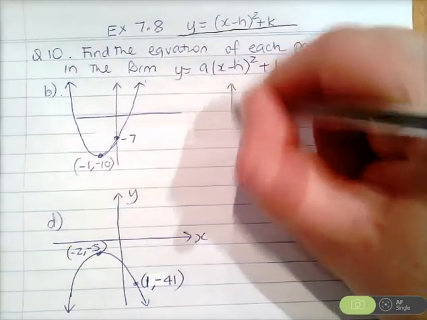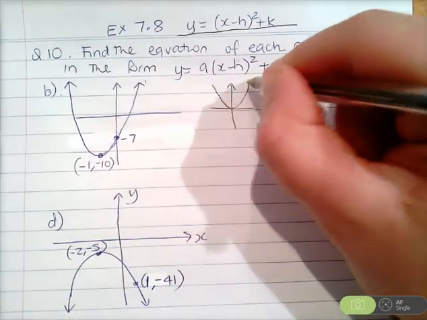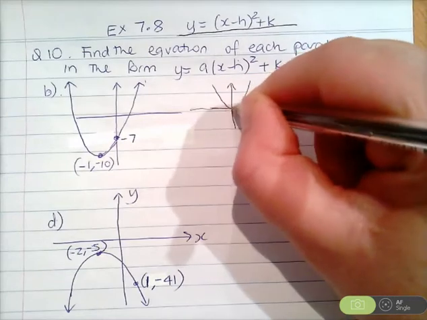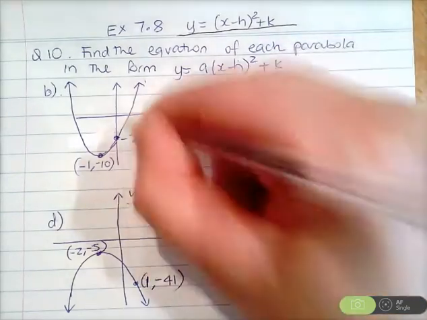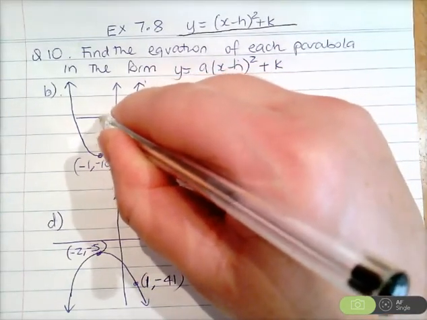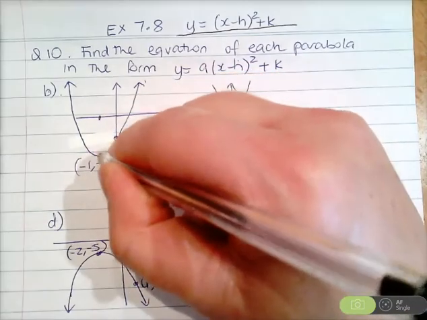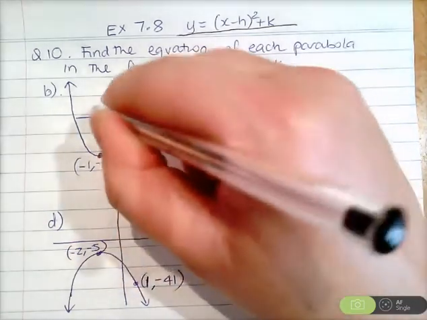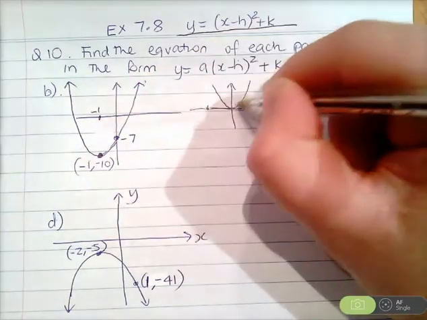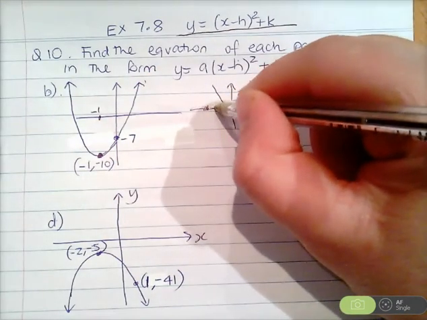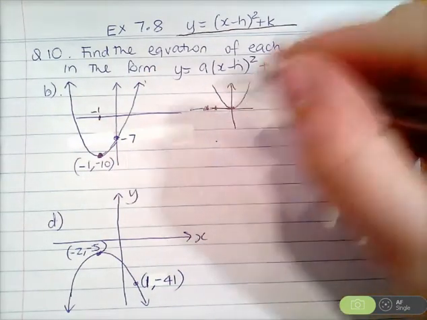Remember, the parabola would have originally started like this. It then looks like it's been shifted across, and the vertex down here is (-1, -10), so it must have been shifted across to -1 and then down 10.